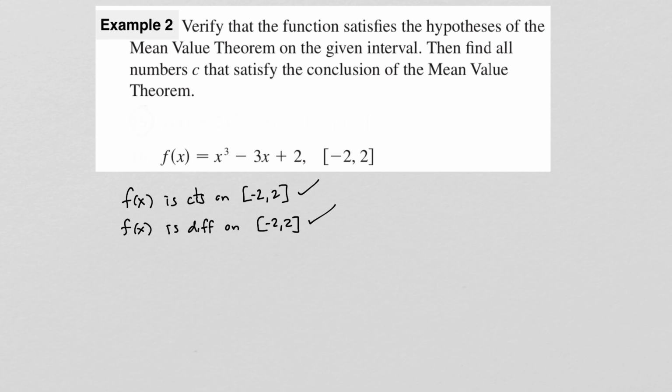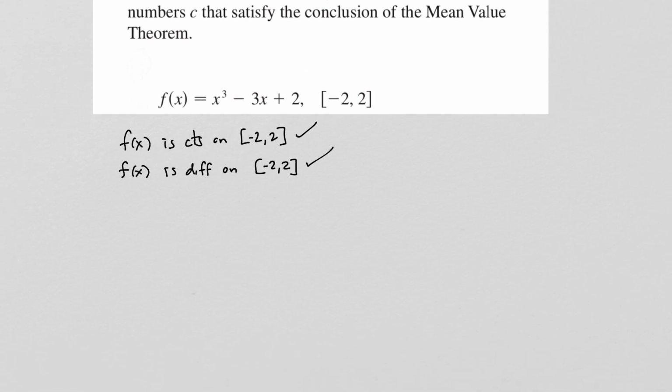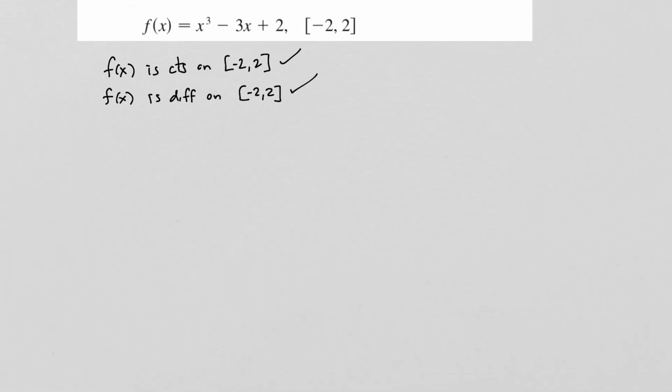Now, we don't have to find f of a and f of b to prove that they are equal to each other. So there's only two hypotheses that need to be satisfied for the mean value theorem, and we can see that they are satisfied. So now let's find the value that satisfies the mean value theorem.